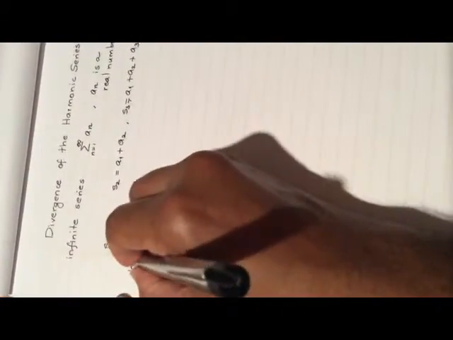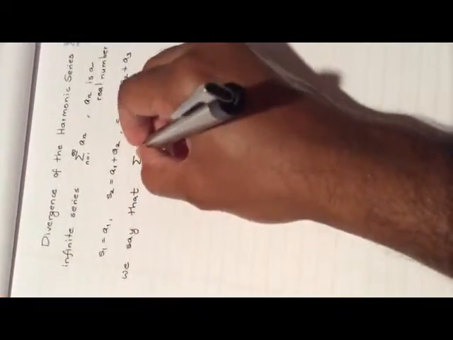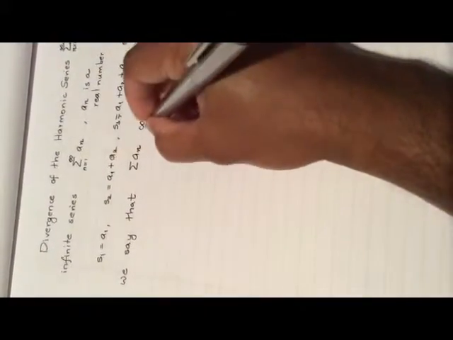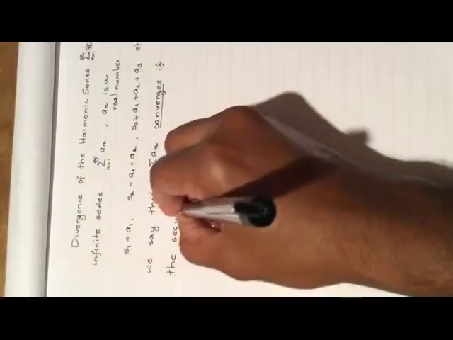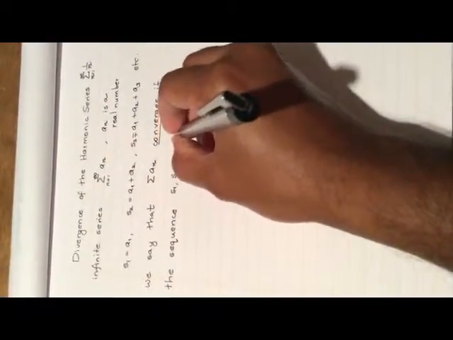And we say that summation an converges if this sequence S1, S2, S3, etc. has a limit.